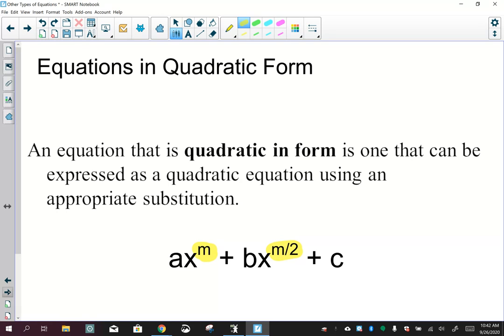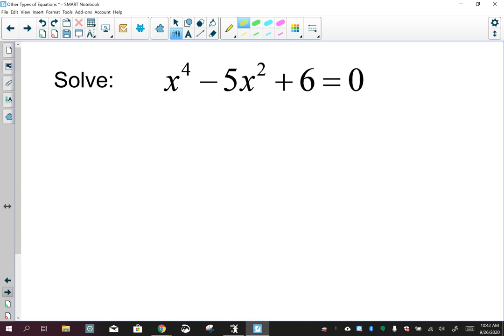So let's take a look at how we're actually going to approach these. So I have this equation. It's to the 4th power. They want me to solve it, and you're looking at it and go, I have no idea. The good news is that you have an even number, and then your second term is half of that even number.